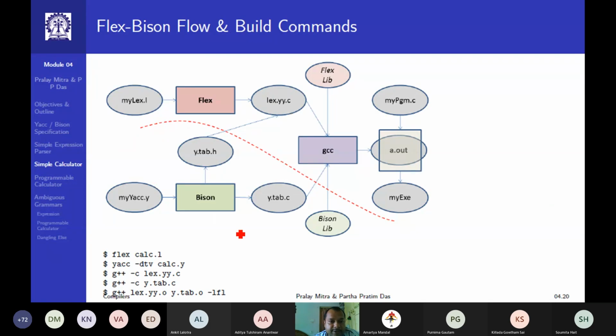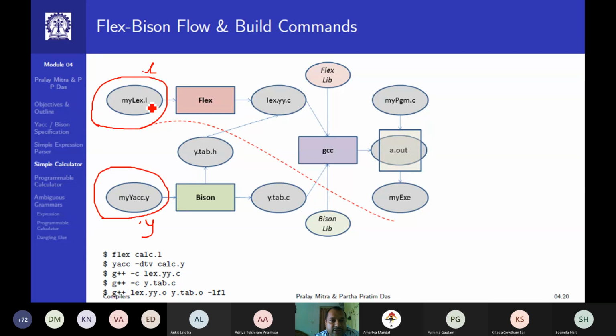So this is the flow. Now you are in a better position to understand what you need to write. Previously we demonstrated the lex file or flex file, .l. Here .y is my Bison file. So only these two things you have to write.